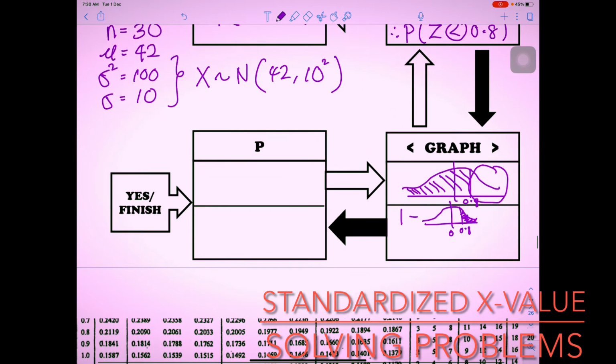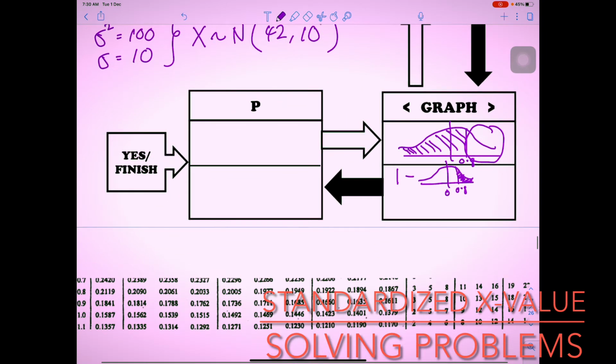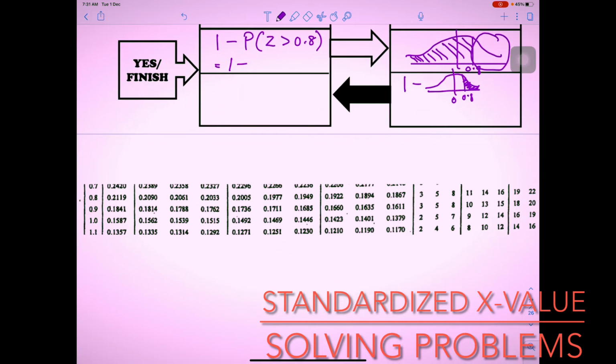So how do we convert this to an equation? From the bell-shaped sketch, we convert to an equation of normal distribution: P(Z greater than 0.8). So it equals 1 minus P(Z greater than 0.8).